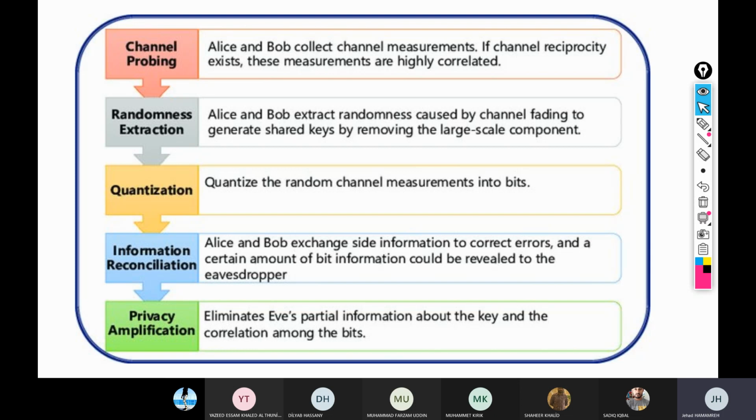The reason for that is because the channel is correlated, and you will see that your channel over a certain number of subcarriers has the same value. And once you map to the quantized bits, you will find out that all these subcarriers have the same bits.